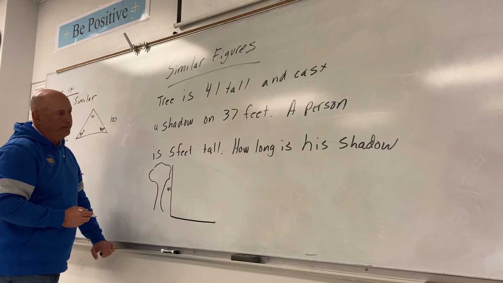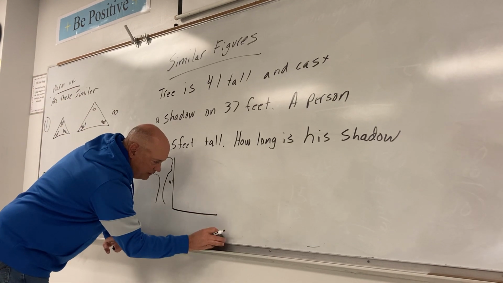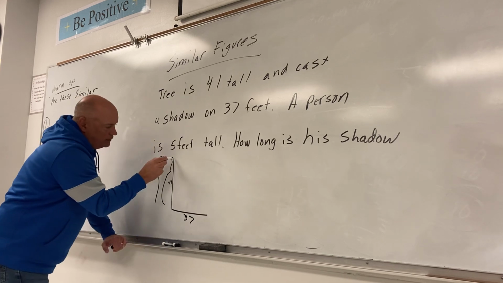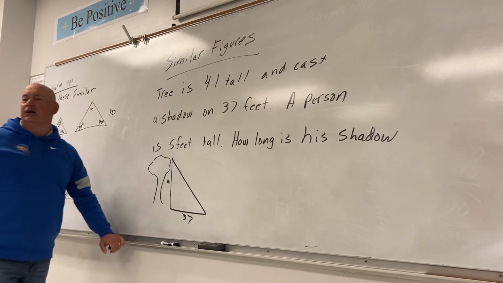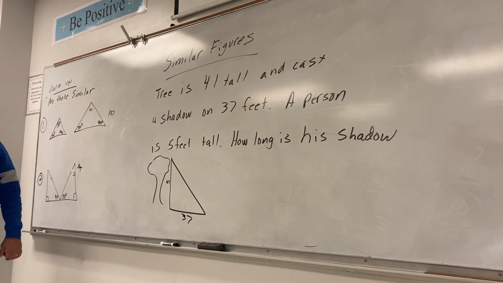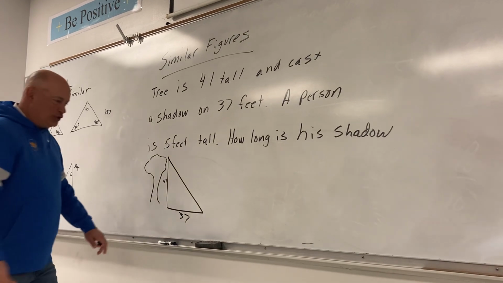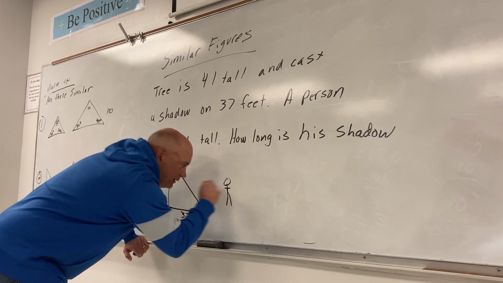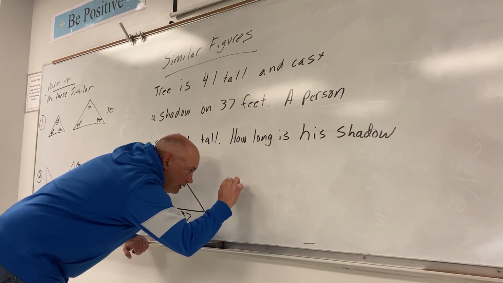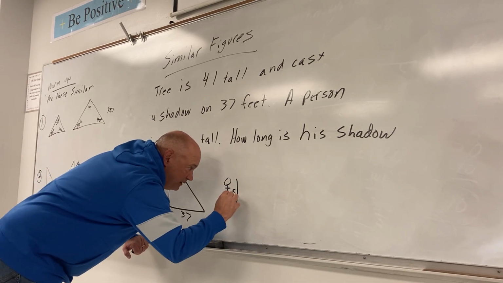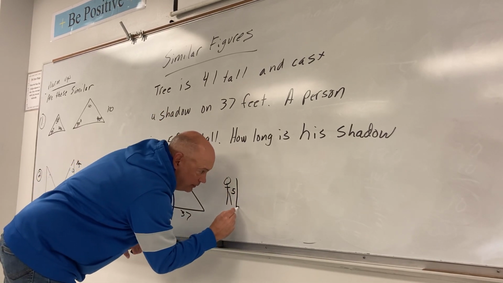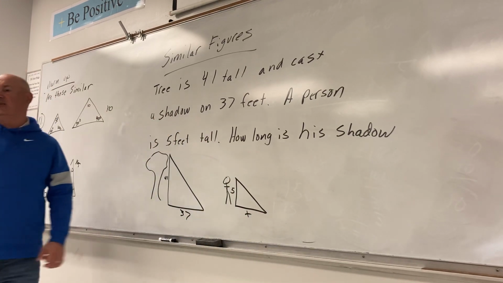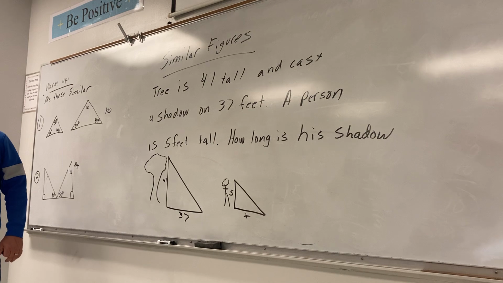That is how long? 37 feet. I'll make it to scale. Make it a little shorter. Do you see that we have our triangle here? Are you with it? Now we've got a person. How tall is my person? 5 feet. Short, 5 feet. And his shadow is what we need to figure out. We need to find out how long is the shadow of the person.